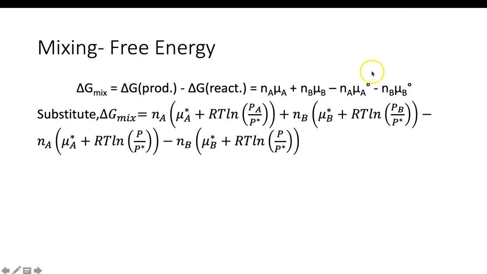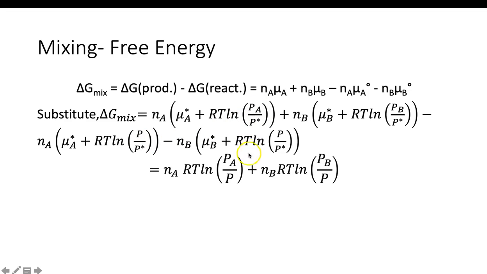And we put these in here, and they're minus and plus. And you'll notice this is going to cancel with this, so we're going to get rid of all of our reference state chemical potentials. And these natural logs, we can invert them to make them positive, so they would be P star over P, and then put them together, and the P stars are going to cancel.